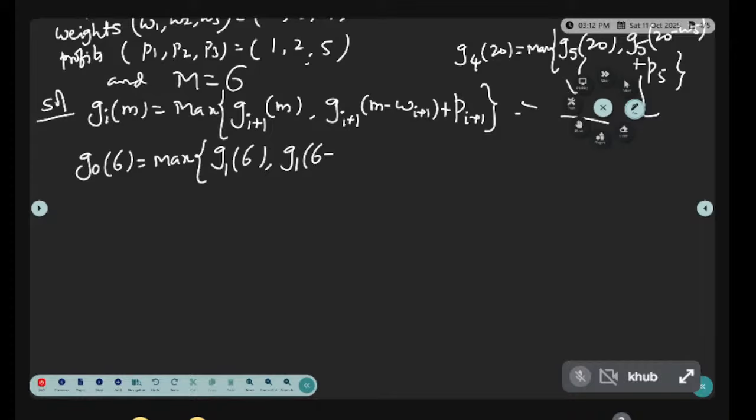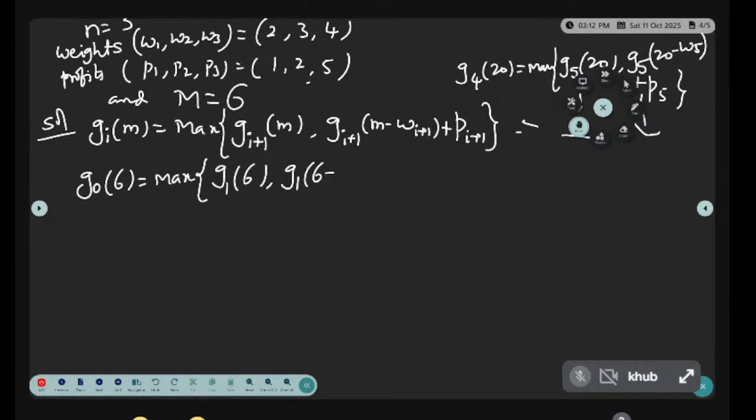2. What is 2? Why 2? It is the first item weight. We are taking the first item. G1 represents the first item. If the first item is not taken, the bag capacity is still 6. If the first item has been taken, 6 minus W1 plus P1. This equals maximum of G1 of 6 comma G1 of 6 minus, now what is W1? It is given W1 is 2, plus P1, profit is 1.